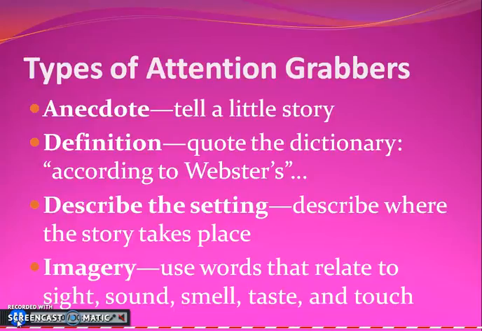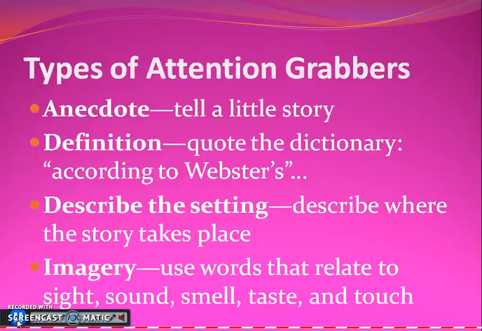You might describe the setting, one of the locations where something important in the story takes place, especially if it's going to relate back to what you're going to talk about later in the essay, because it's really great to have a thread that runs through the essay from the beginning to the middle to the end that helps to tie the whole essay together and make it feel cohesive.